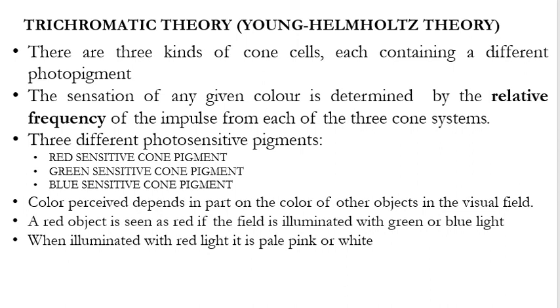So when illuminated with red light or white light, or anything that is close to the red, you will view it as mostly pinkish than red. If you don't believe me, try it at home. This is something that you can try at home.